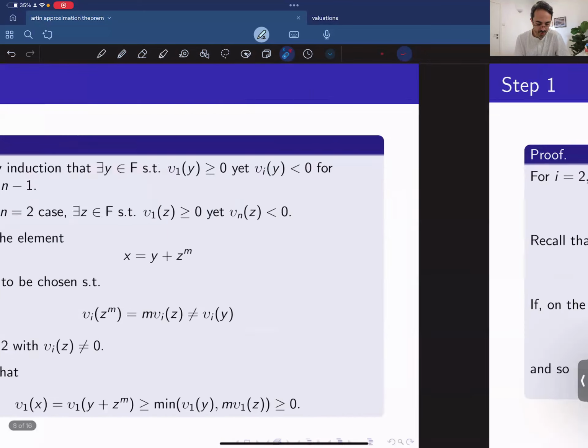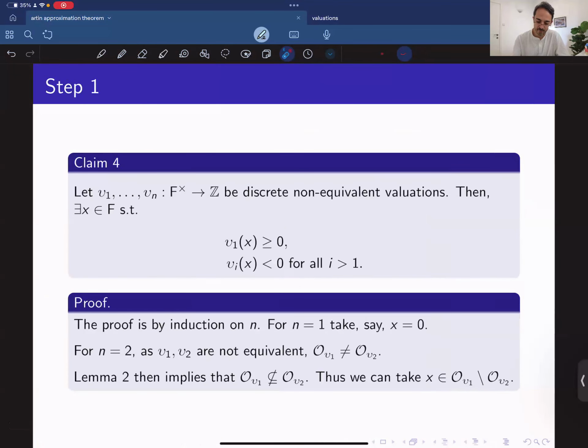Good. So just to recap, what we just proved is claim 4, which means that if you give me discrete non-equivalent valuations, not necessarily onto Z, you can always find an element in the field which, according to the first valuation, is defined and has no pole, and according to the other valuations has a pole.